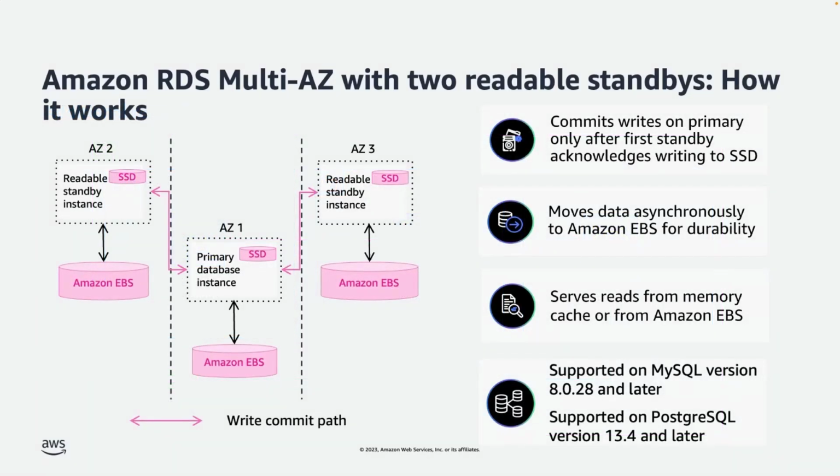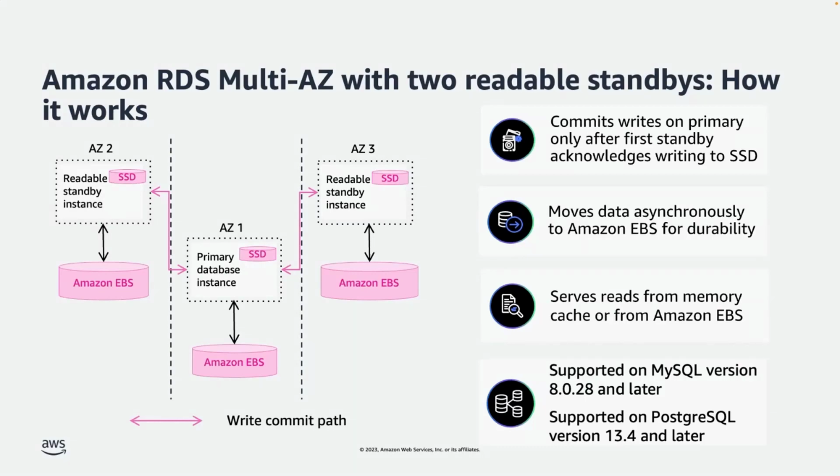Now we will dive a bit more into how the deployment option works under the hood. As you'll see on the screen, we have a primary DB instance in AZ1 and then 2 read replicas in AZ2 and AZ3. And if you observe the compute node, there are SSD drives attached to that instance.